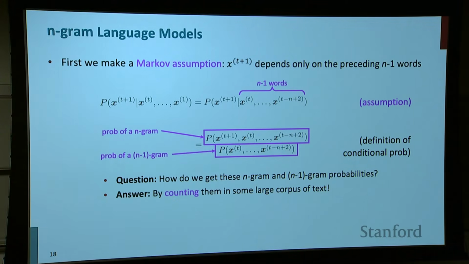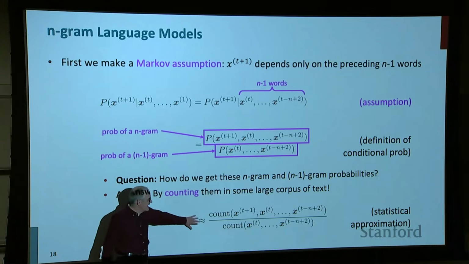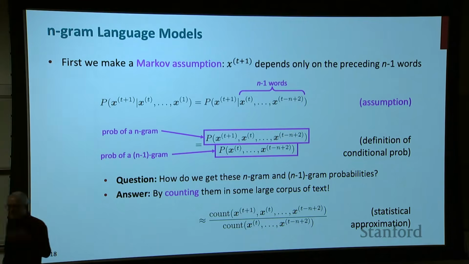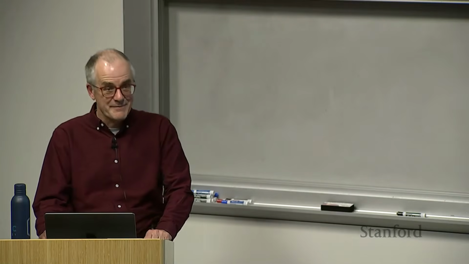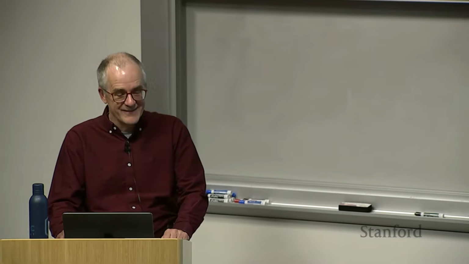So we can do that simply by counting how often n-grams occur in a large amount of text and simply dividing through by the counts, and that gives us a relative frequency estimate of the probability of different continuations. Does that make sense? Yeah, that's a way to do it.